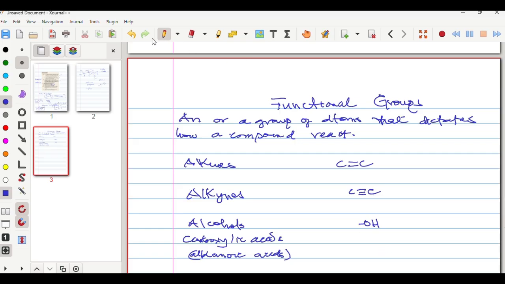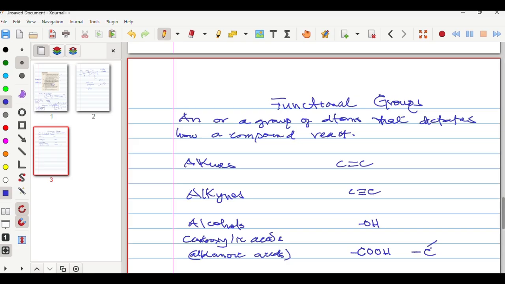Do you know that? I think there's oxygen and then OH as well. COOH, something like this, right? Yes, sir, COOH.